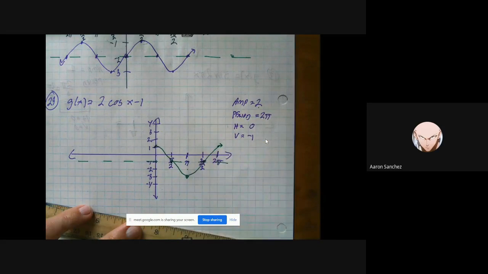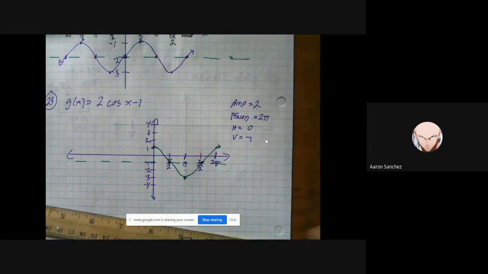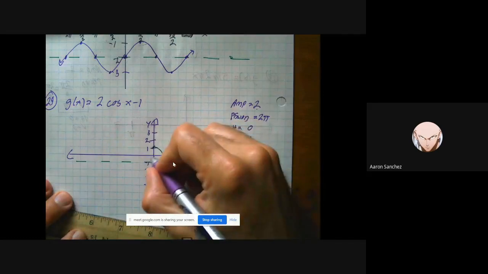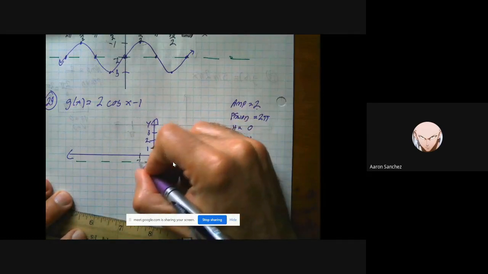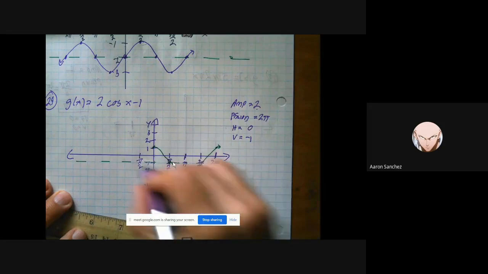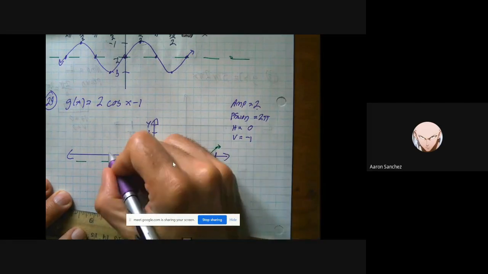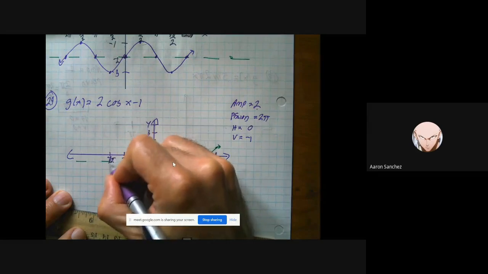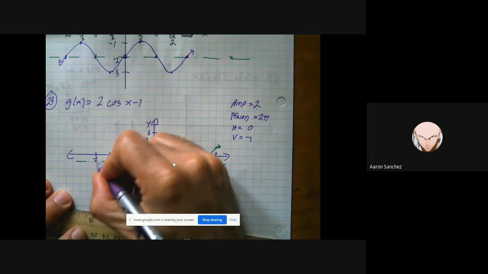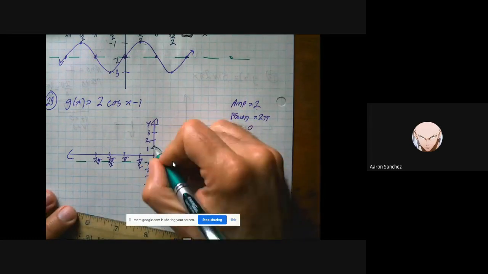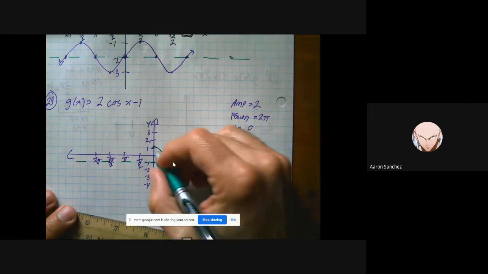Let's do it in this direction. Where's my purple pen? I got 1, 2. I got negative pi over 2. Let's mirror this. And then negative pi. And then negative 3 pi over 2. And then negative 2 pi. And so my first point is at the top.